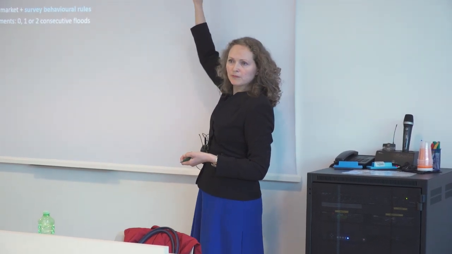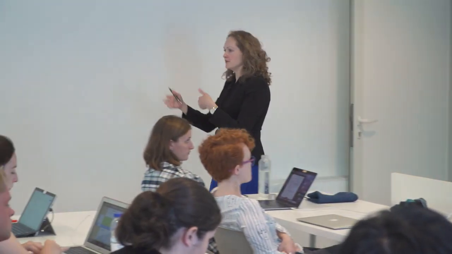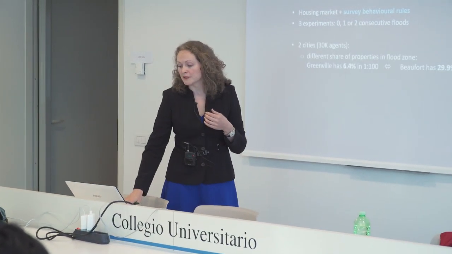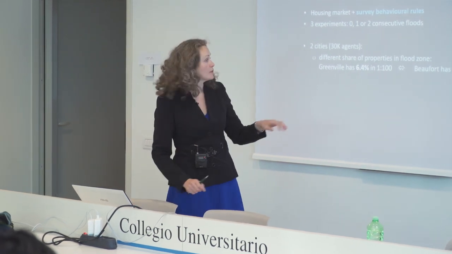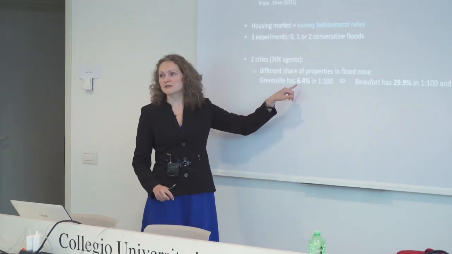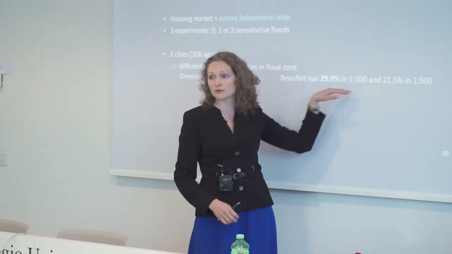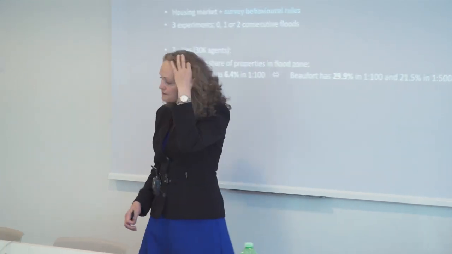Suddenly, as prices drop and people start to not like to settle there anymore, a different feedback has been triggered. And that's what we tried. So we applied the model also to 2 different coastal towns, one with just about 6% of houses in the flood zone, and another with almost 50% of houses in the flood zone.